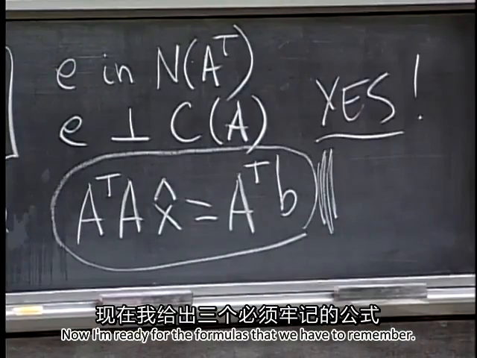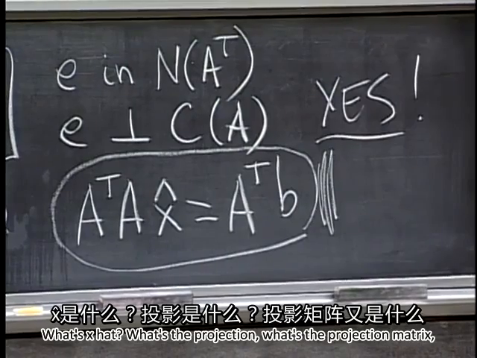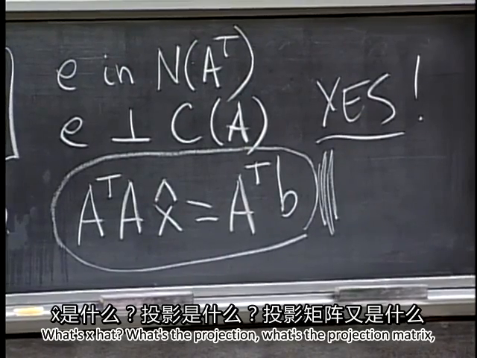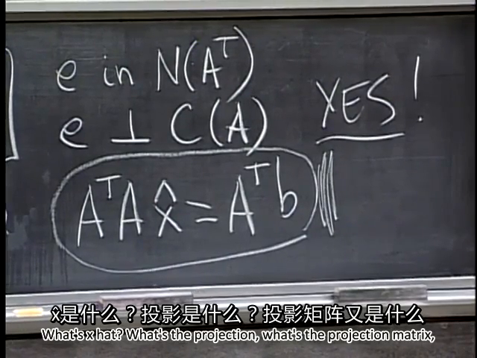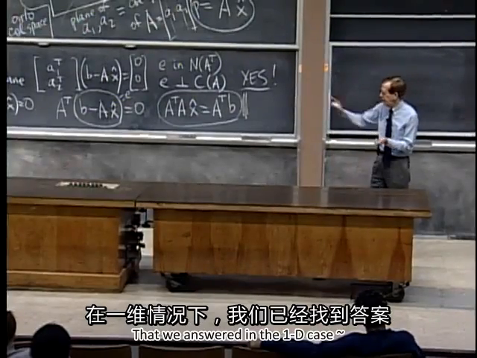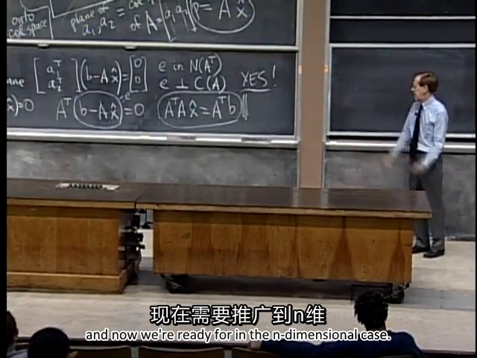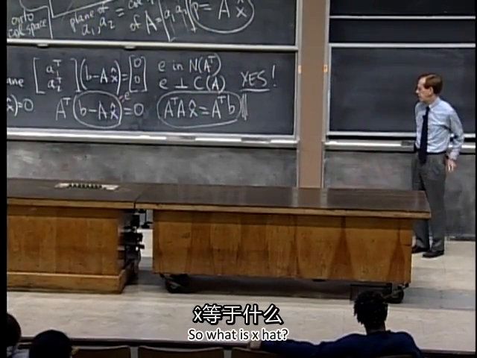Now I'm ready for the formulas that we have to remember. What's x hat? What's the projection? What's the projection matrix? Those are my three questions that we answered in the 1D case, and now we're ready for the n-dimensional case. So what is x hat?